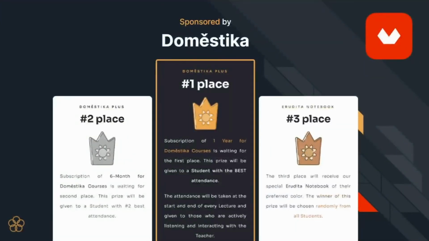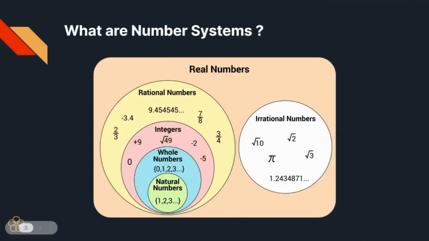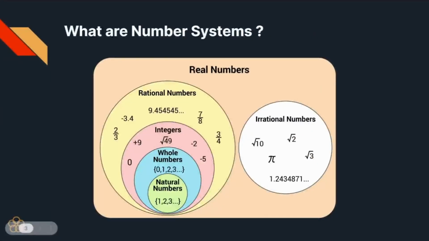So now we start with the topic. We'll start with what number systems are in general. This is the basic chart of what real numbers are, or what generally people know numbers to be. So how does this begin?